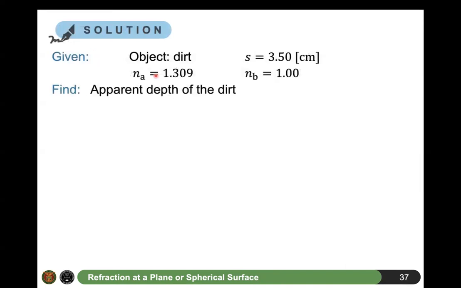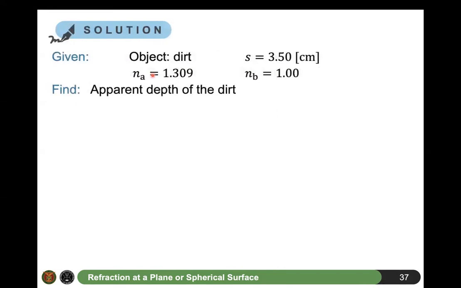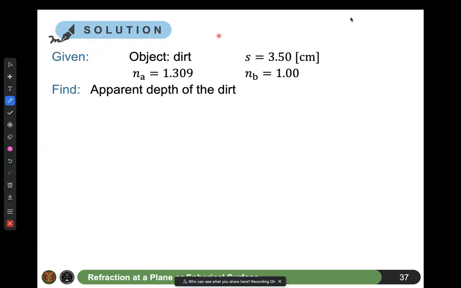So NA will be the sheet of ice, because that is where the incoming side is. For NB, the light rays from the dirt refract through to our eyes. We, the observers, are above the surface.